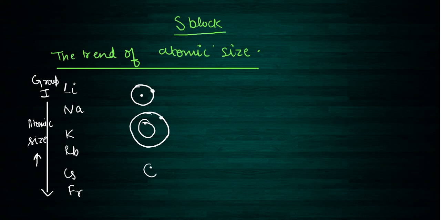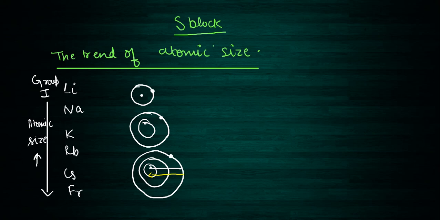Similarly, as we go down the group, the new electron enters in a new shell. So as we see, when we go down the group, the electrons that add up don't add up in the same shell, but in a new shell. As the number of shells increases down the group, the radius also increases.